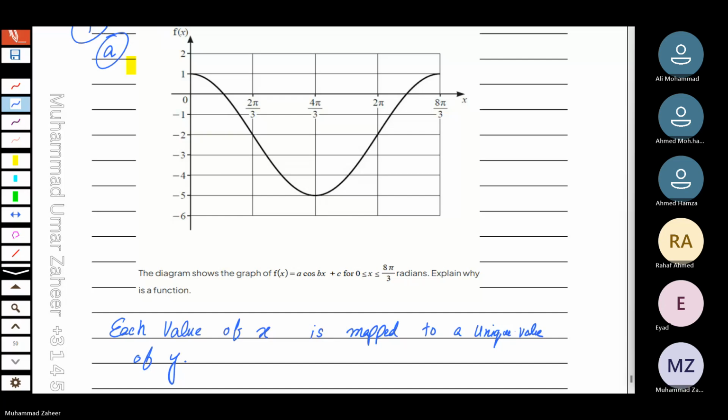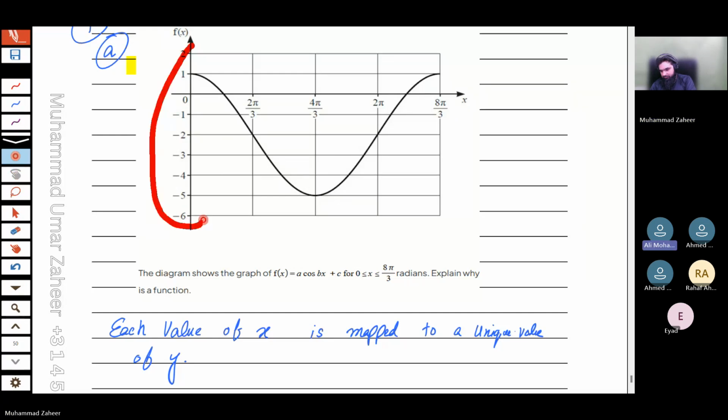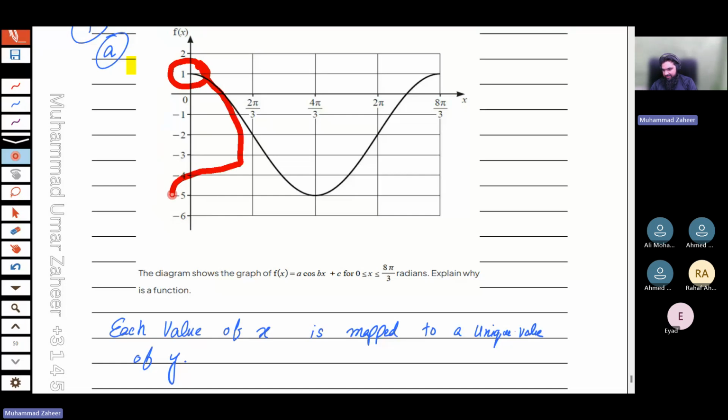All right. Yes, Ali Muhammad, say it again. What is the range of this function? If x is less than or equal to 1 and greater than or equal to minus 5. Yes, because all the y-axis values lie between 1 and -5, and 1 is included as well as minus 5.